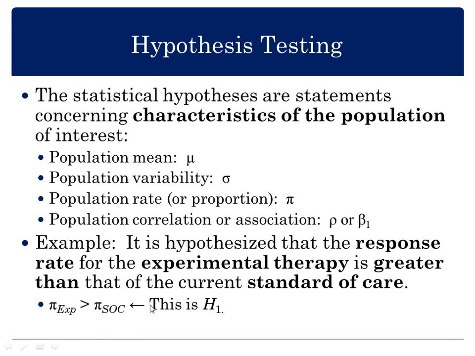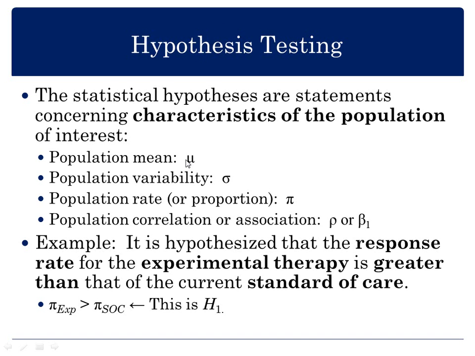The hypotheses that we have to actually explicitly write out are statements concerning those characteristics of the population, like the population mean, the population variability, some population response rate or proportion, population correlation or association.